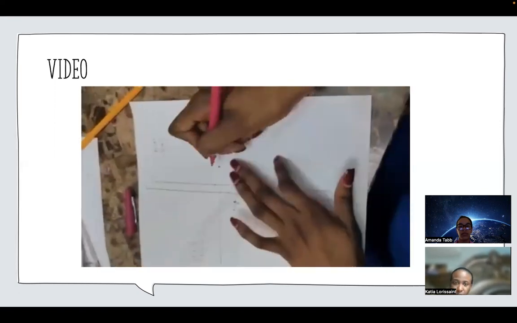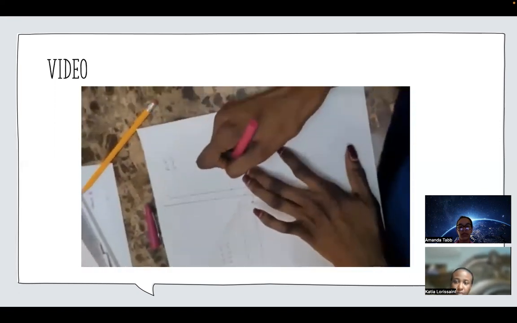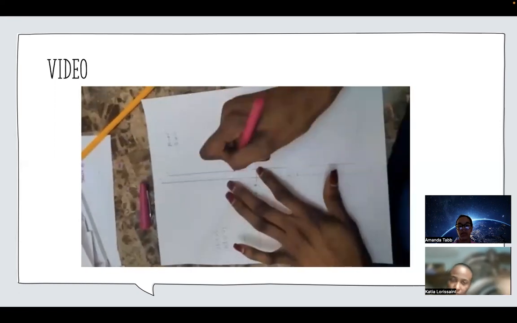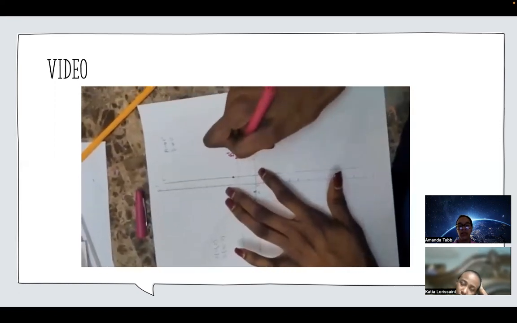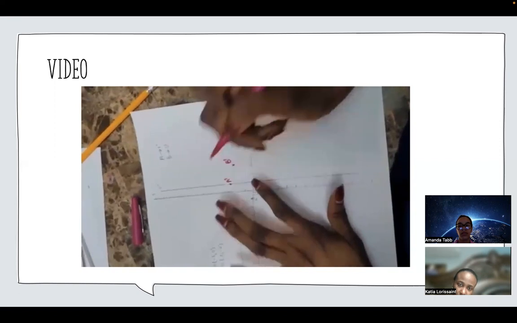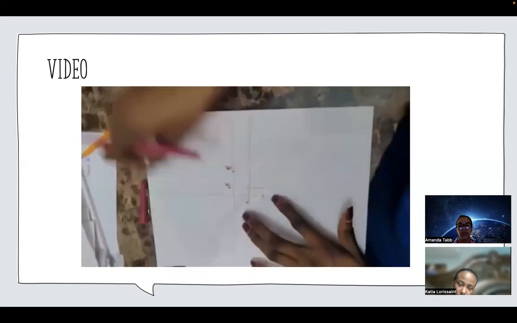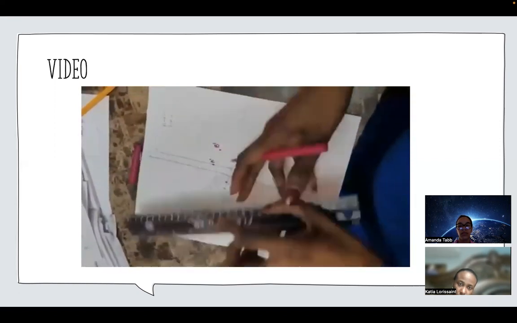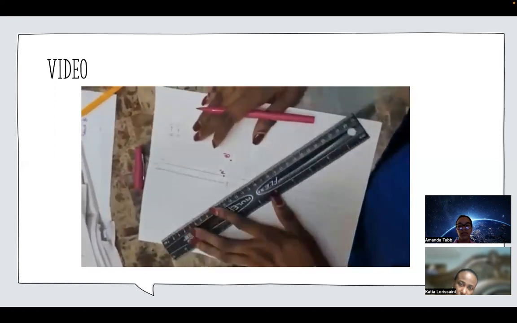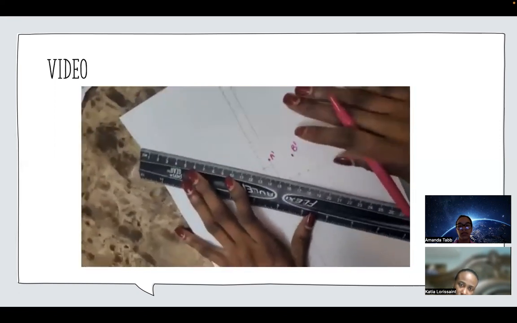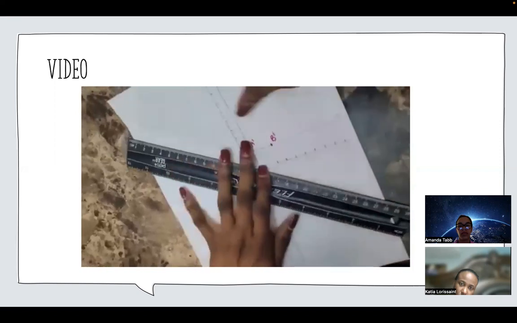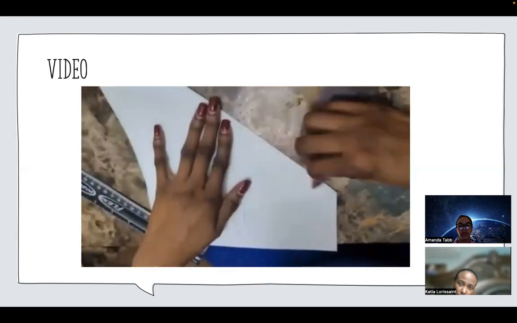And this point we are going to call B prime, and this will be called A prime. And notice here we have a crease. This crease will be perpendicular. Let me readjust the crease.